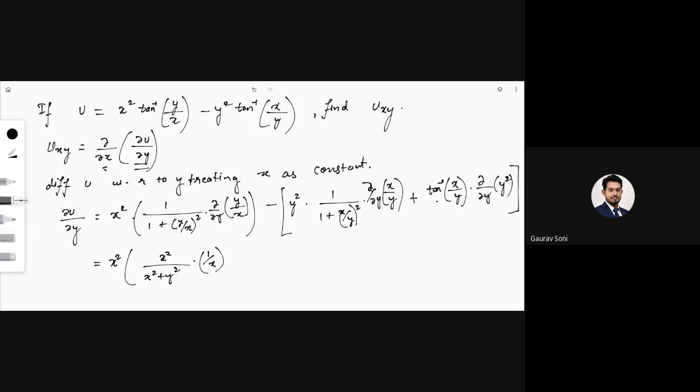I'll open the bracket, minus y square upon x square plus y square into the derivative of this with respect to y, which is minus x upon y square. Again, this minus the derivative of this is 2y tan inverse x by y.